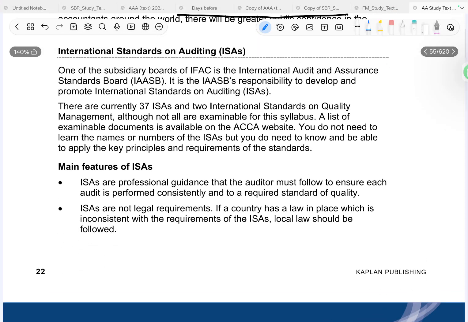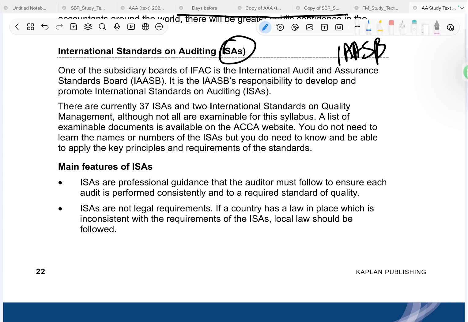Now let's talk about International Standards on Auditing, also known as ISAs. Within IFAC, there are several boards that focus on specific areas. One of them is the International Auditing and Assurance Standards Board, commonly known as IAASB. The IAASB is responsible for developing and promoting the international standards on auditing. In simple terms, the IAASB writes the rules and guidelines that auditors should follow when conducting an audit.